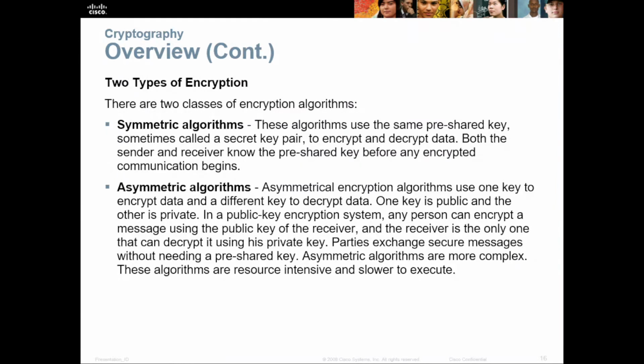Which means the receiver only shares his public key and gives it to the sender, so the sender uses the receiver's public key to encrypt a message, and after he has encrypted that message, only the receiver will be able to decrypt it, because only the receiver has the private key. So asymmetric algorithms are very complex.